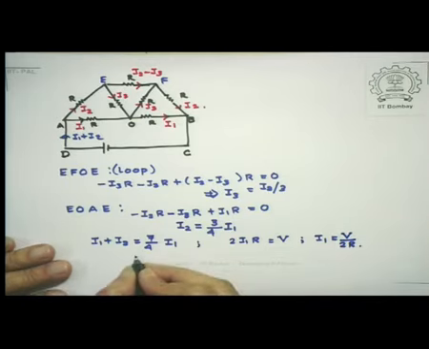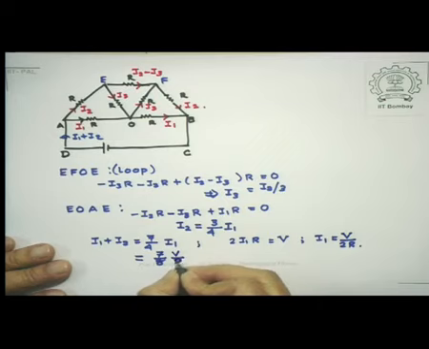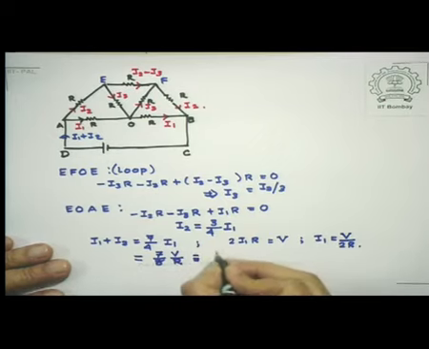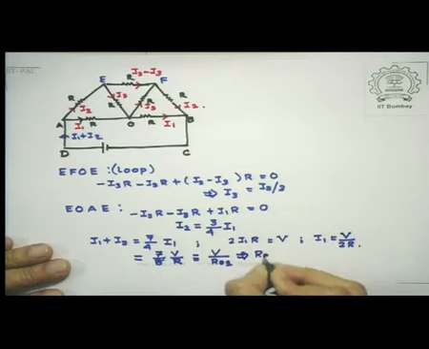So this, if you put it in I1 plus I2, you get 7 by 8 V by R, which must be identical to V by R equivalent. So that gives me R equivalent to be equal to 8 over 7 R.